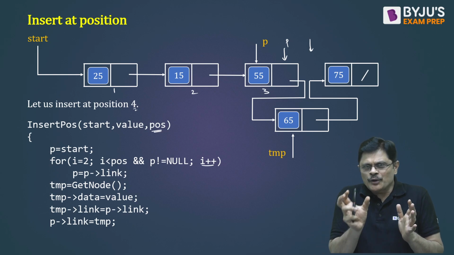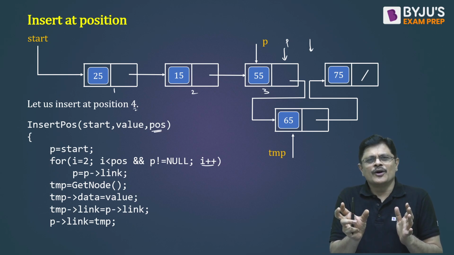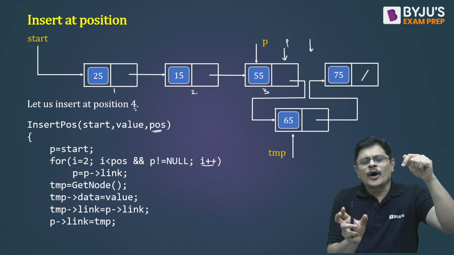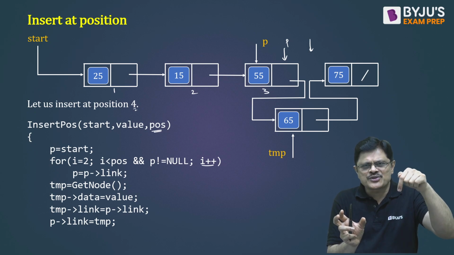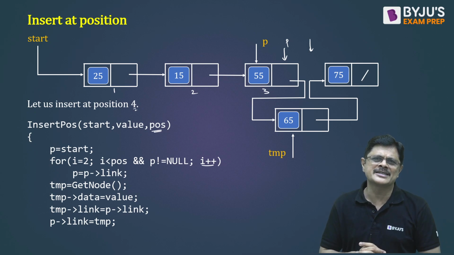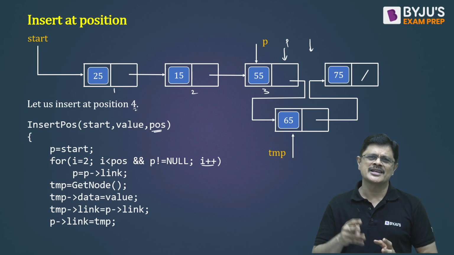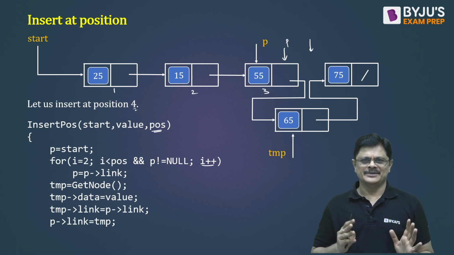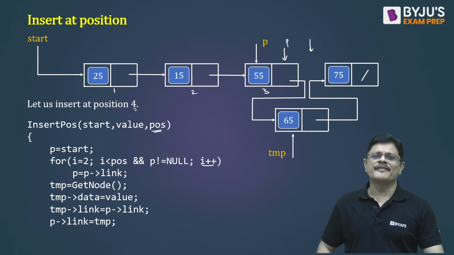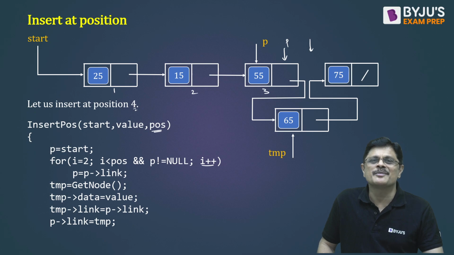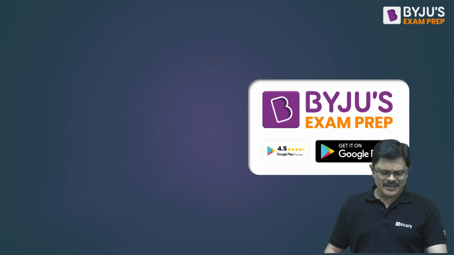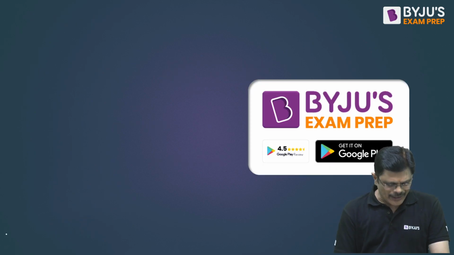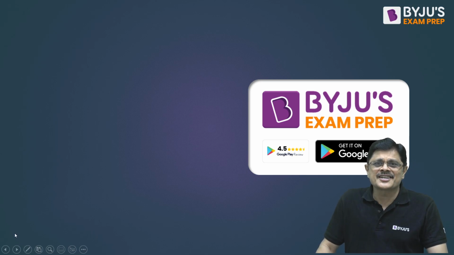If you want to insert at a particular position, you have to take a pointer to the previous node. Then the insertion can be done in a very simple manner. What is that insertion process? TMP link is P link and P link is TMP. And this is the process of insertion in a singly linked list, my dear friends. Hope you understand the process of insertion in a singly linked list.